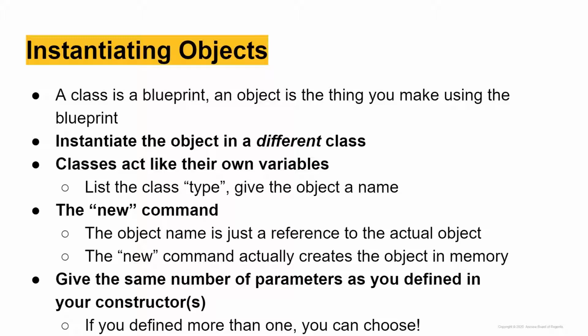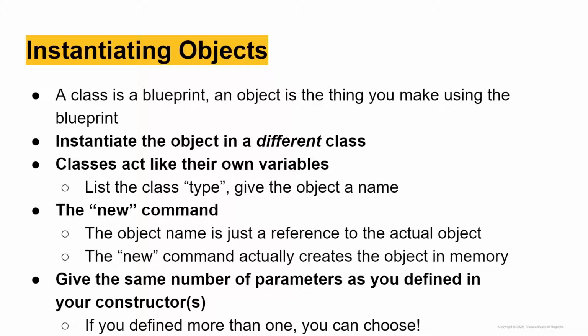So when we use the new command, that actually creates the object in the computer's memory, and we attach the name to this object so that we can use the name to edit the object in the memory. And we always want to give the same number of parameters as we defined in our constructors. And if you defined more than one constructor, then you can choose.